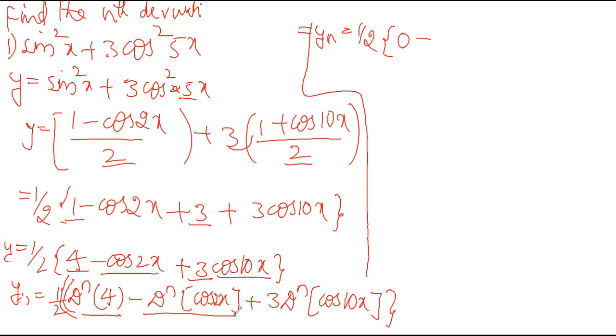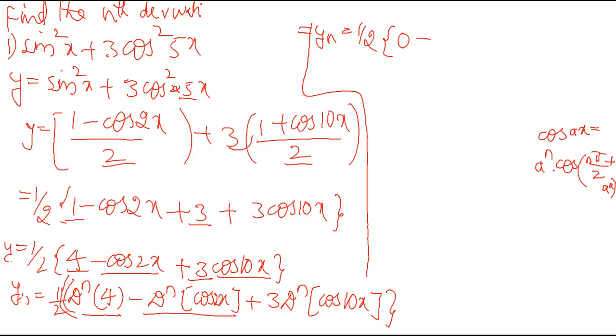The n-th derivative of cos of ax, we discussed in the last class also. It is cos of ax is equal to a to the power of n into cos of n pi by 2 plus ax. This is the formula. Remember this one? In the previous example also I used this formula.